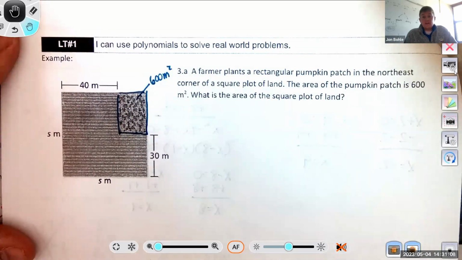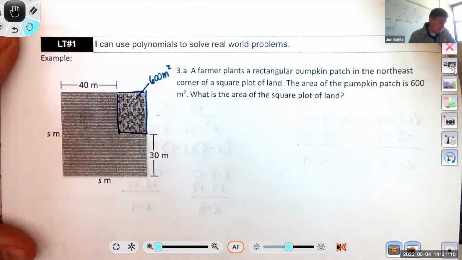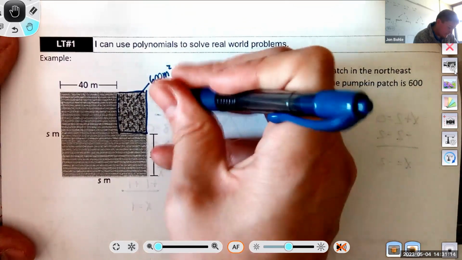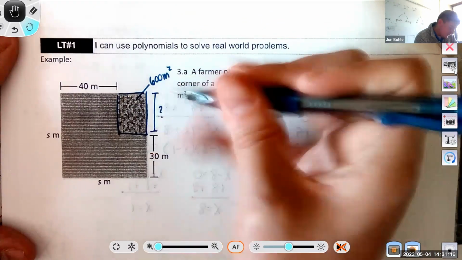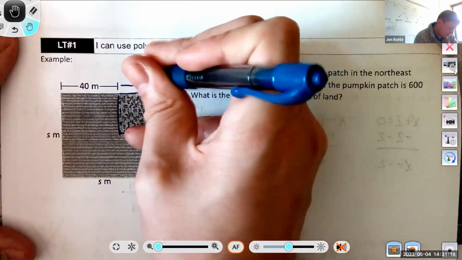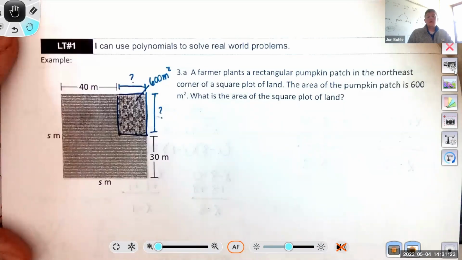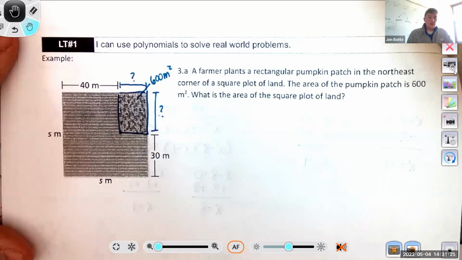And we want to find the area of the entire plot. So I basically need to find this length and width because I don't know what these are. These are question marks, but I know this number times this number is 600. So what do we need to do?